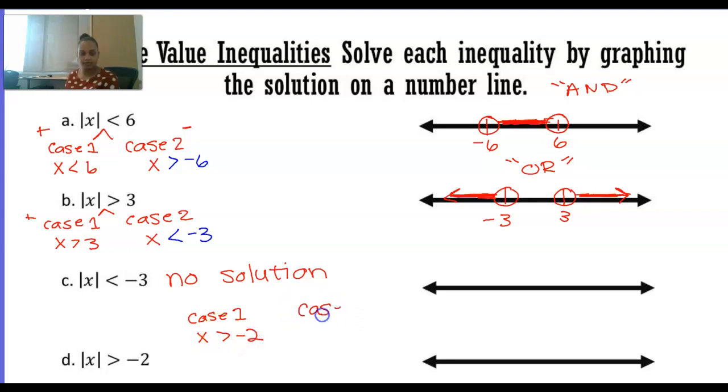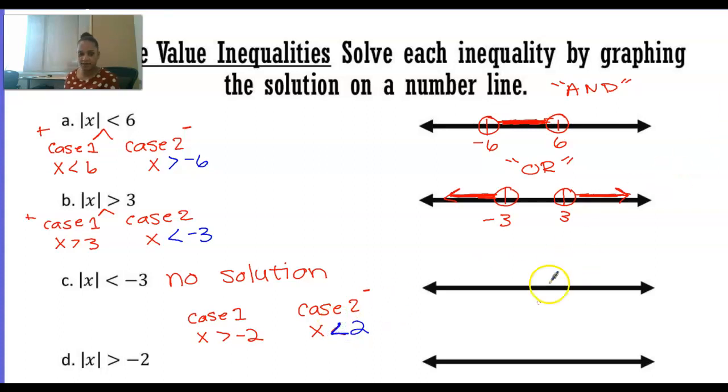For case 2, my negative case, I'm going to say X, flip that sign, is less than negative 2 with a negative, and a double negative is a positive, so positive 2. And I also flip that sign.